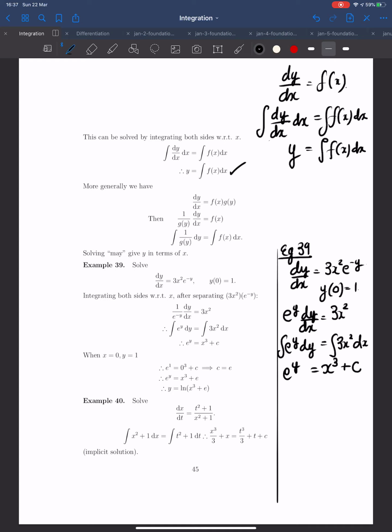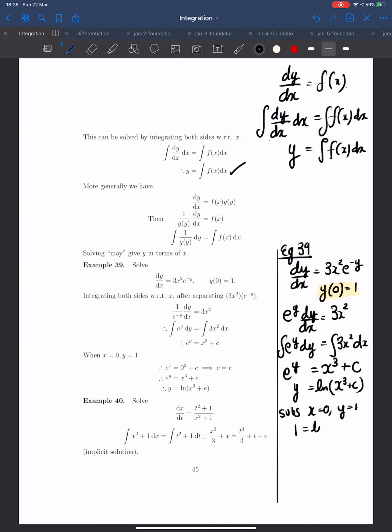And we've got an e to the y on the left. We would really like to have a y there. So we take ln of the right. Okay. And then to find the c, we substitute the initial condition there, which is that when x is 0, y is 1.